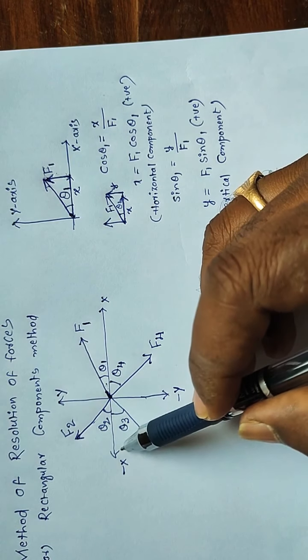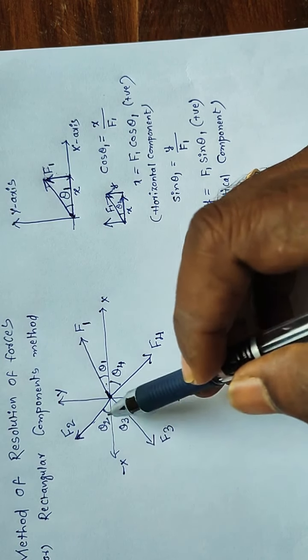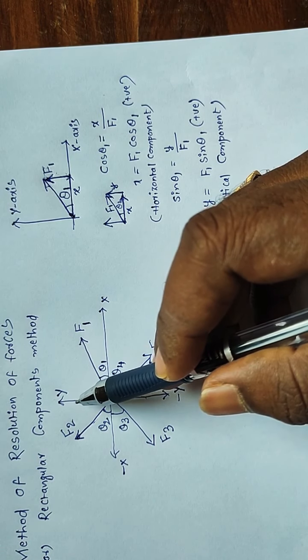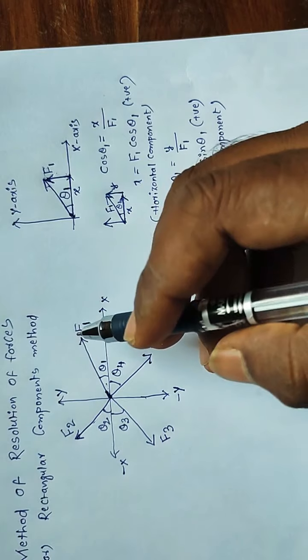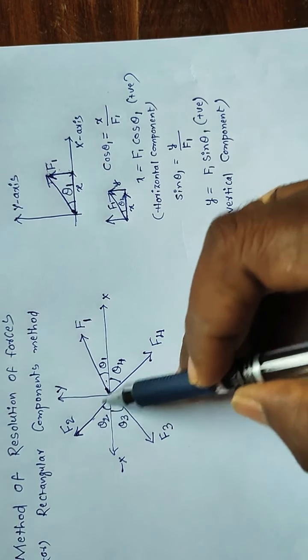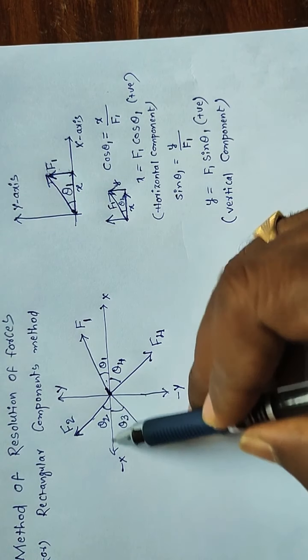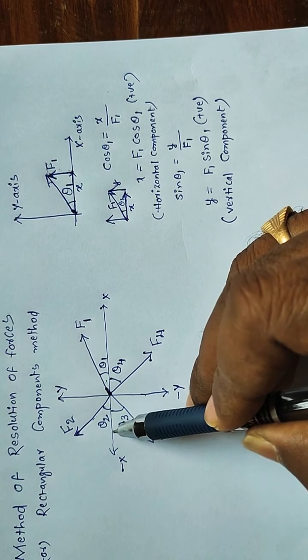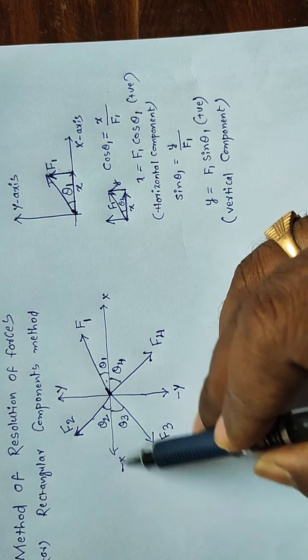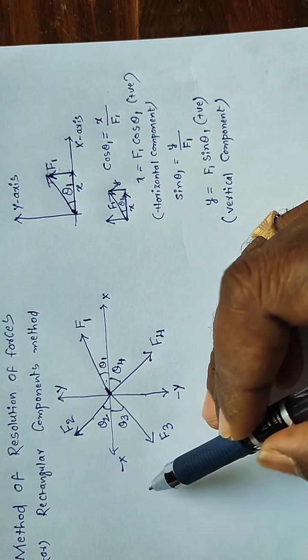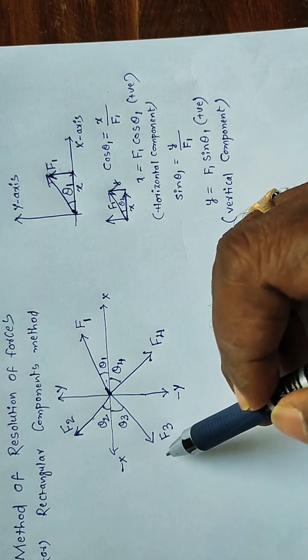If one component becomes a cos value, then the remaining one becomes a sin value. Here F1, F2, F3, F4, all these are making an angle with the horizontal. So for horizontal components you are going to get cos values, and for vertical components you are going to get sin values.